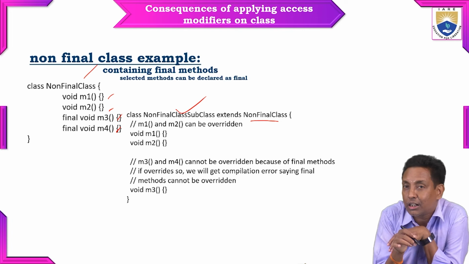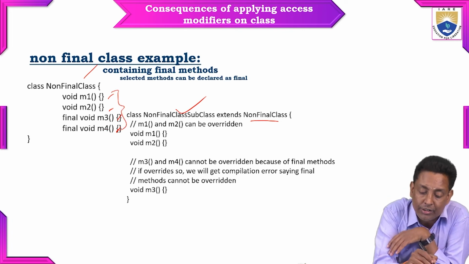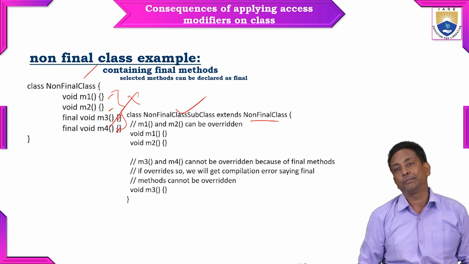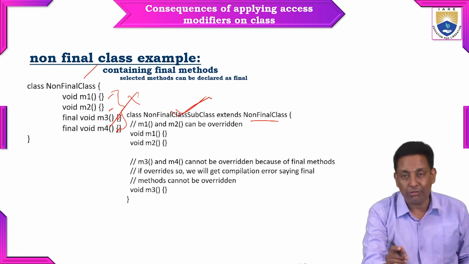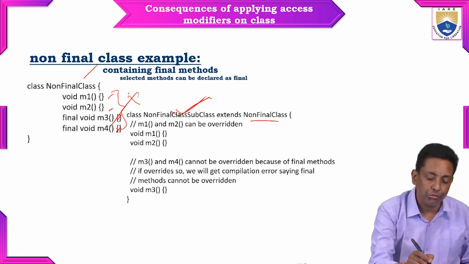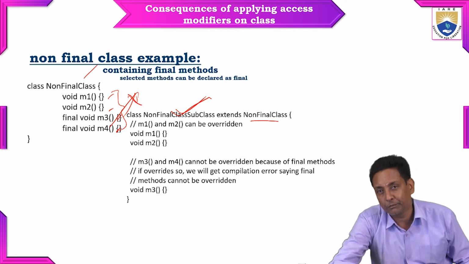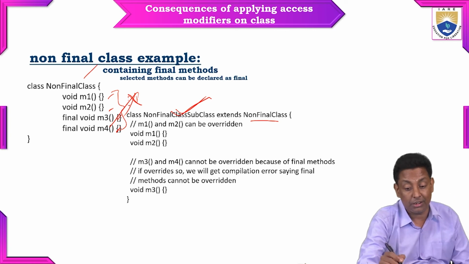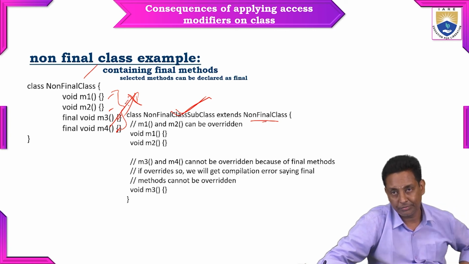But what the subclass cannot do is override any of these class methods, because in this class all methods are final. The subclass doesn't get a chance to override any of the superclass methods because they are all individually final. But still, the class can be inherited.